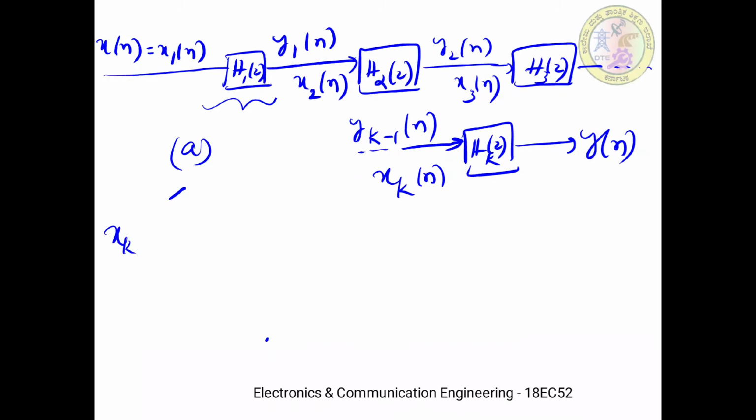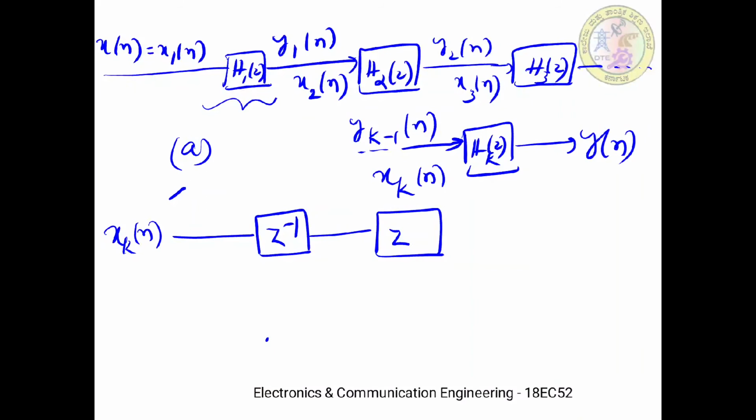Suppose xk of n is the input. As the individual sections are second order sections, we have z inverse and z inverse because it has to generate two delays.